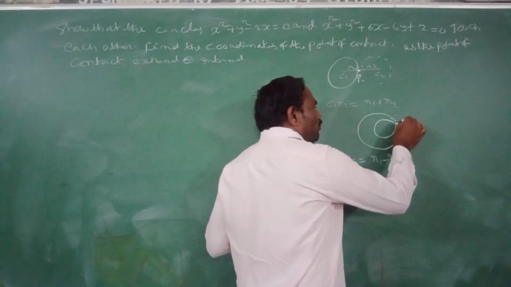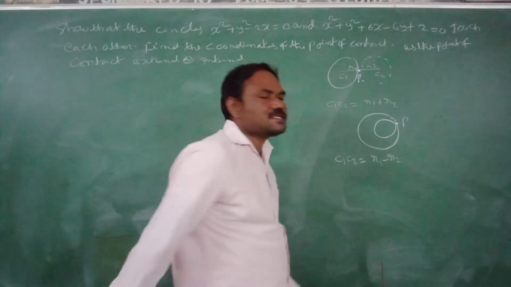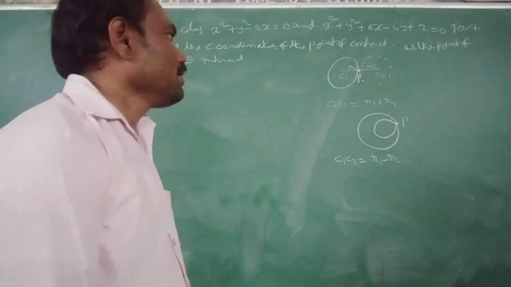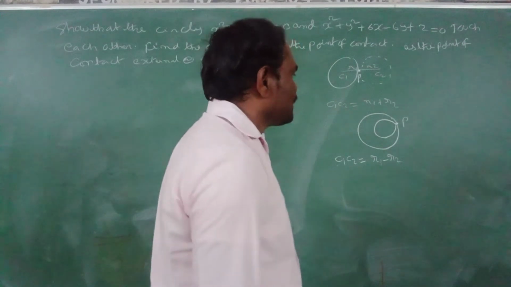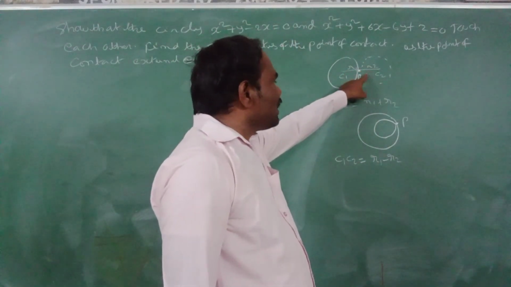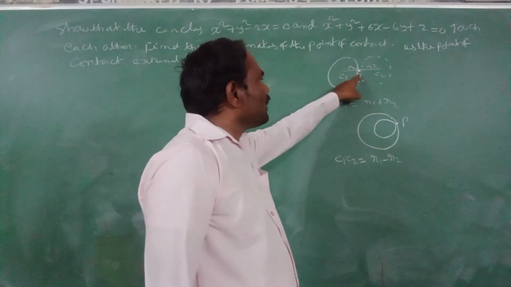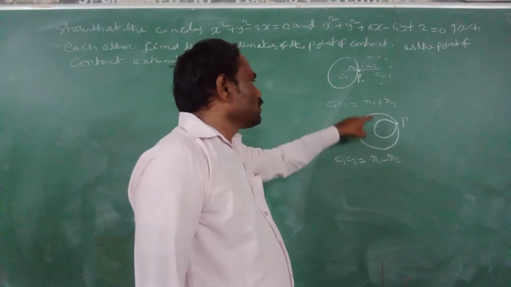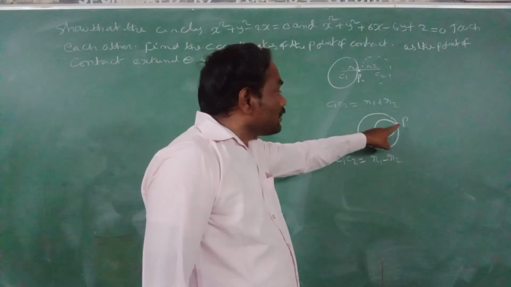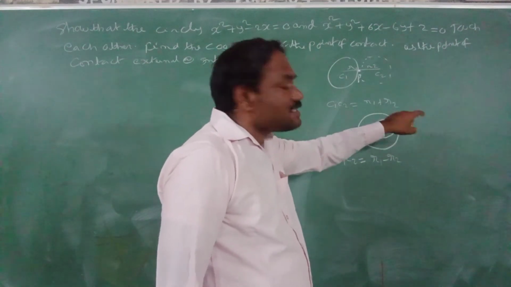That time the point of contact P is external. Two circles touch each other externally, that time the point of contact is internal. Two circles touch internally, that time the point of contact is external.